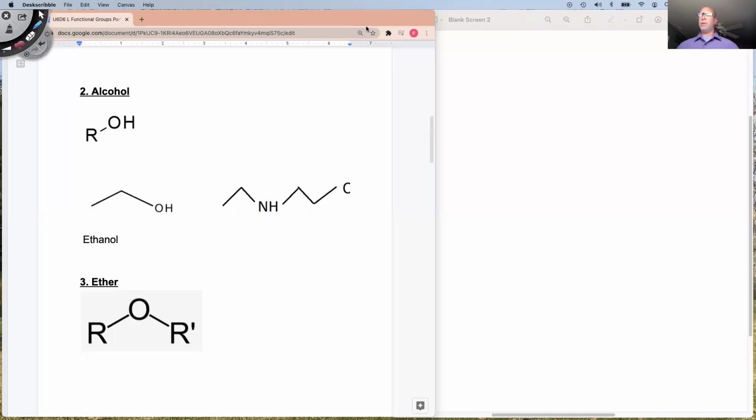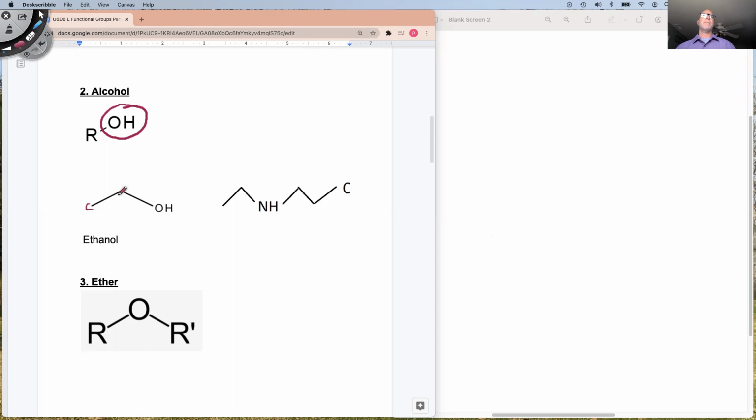Another functional group that we're going to be talking about is alcohol. Now, when I say alcohol, yeah, I'd be talking about the alcohol that people drink, but I'm basically talking about this functional group right here. This is an OH. It's an oxygen with a hydrogen attached. And this functional group is a carbon attached to an oxygen. For example, this would be a carbon.